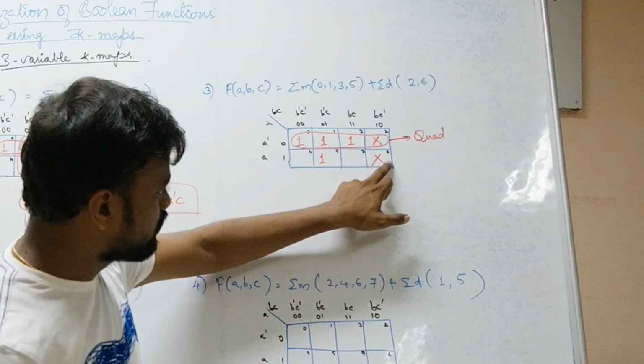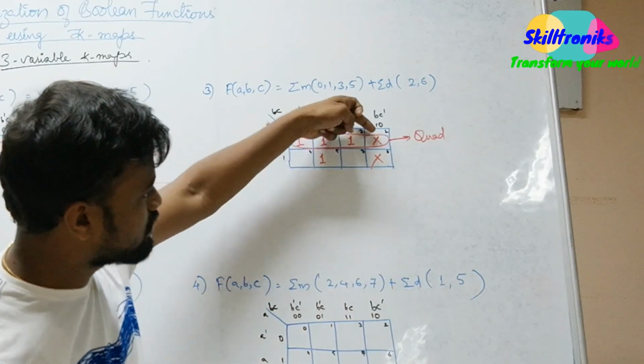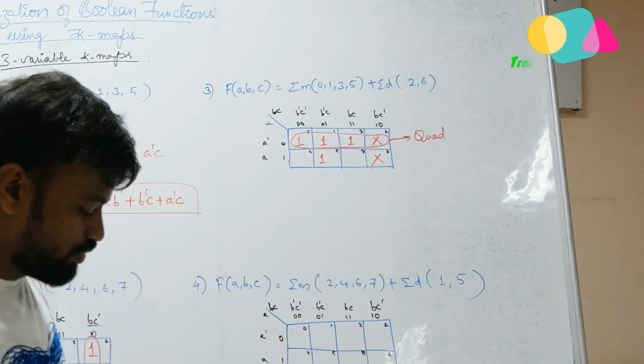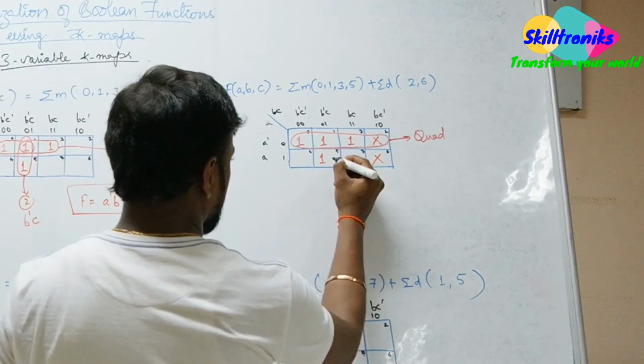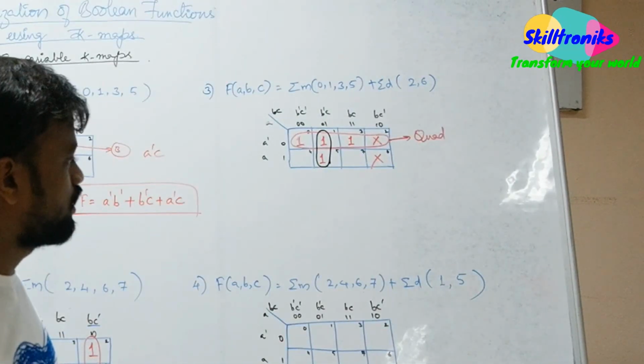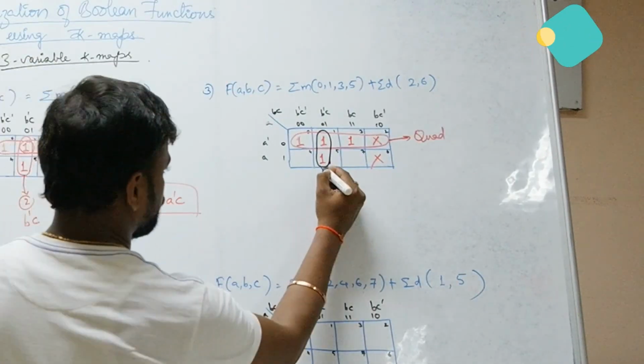Of course, this don't care is also having an adjacent term, so we can perform pairs. We can form pairs. These two ones can be kept in a pair.